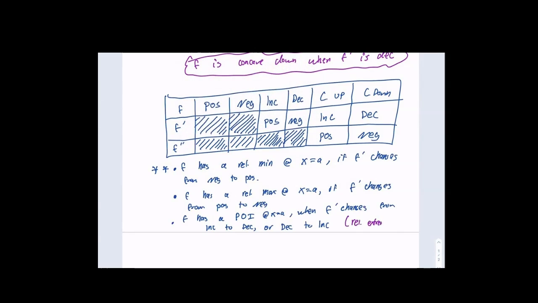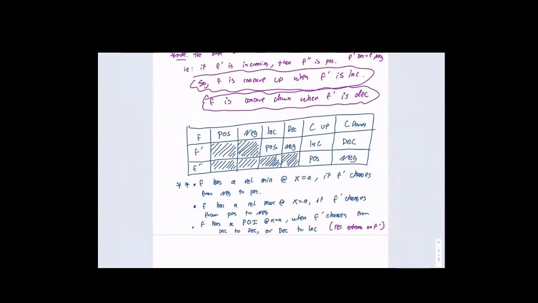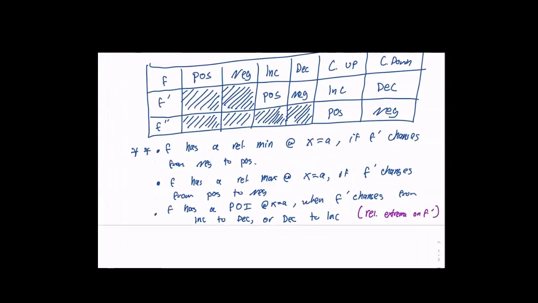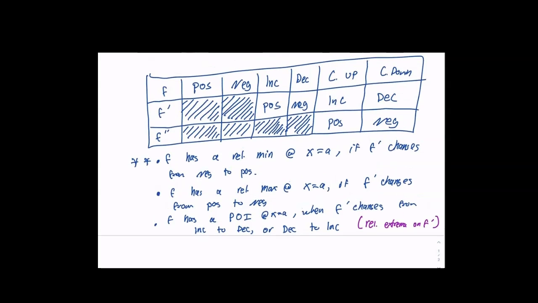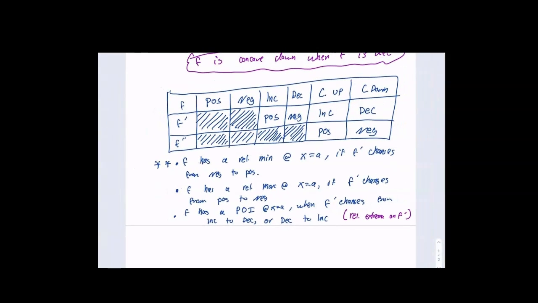Relative extrema on f prime. All right. So if f prime changes from increasing to decreasing or decreasing to increasing, that's a point of inflection for the function f. Why? Because if we look over here, we know a point of inflection is defined in its most definitive definition as when the function changes concavity, from concave up to concave down, or concave down to concave up.